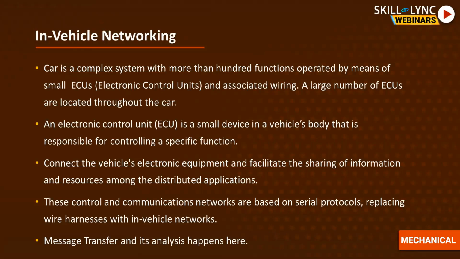Now there should be some algorithm or technique or way that the information from your camera gets passed to your infotainment system, right? So this all happens through your in-vehicle networking. We'll go deeper into the same examples in the coming slides, where I'll explain why this in-vehicle networking concept was brought up.